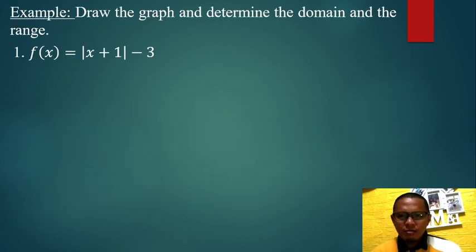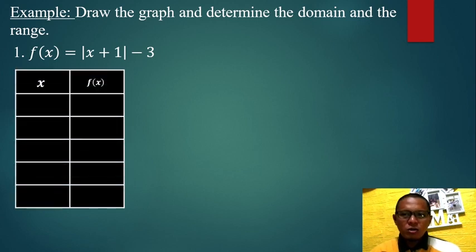Let's have an example. Draw the graph and determine the domain and the range. So in the first example, f of x is equal to the absolute value of x plus 1 minus 3. So let's find the set of values of x. To get the correct values of x, we will use the vertex.